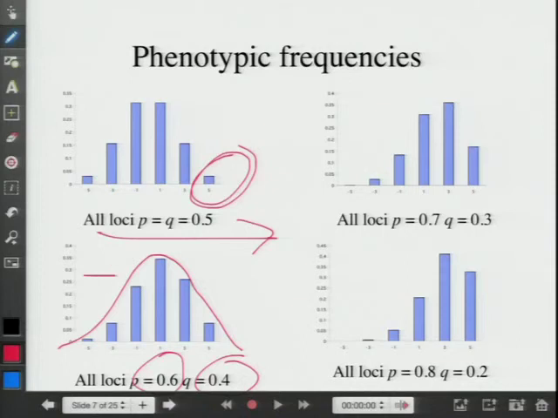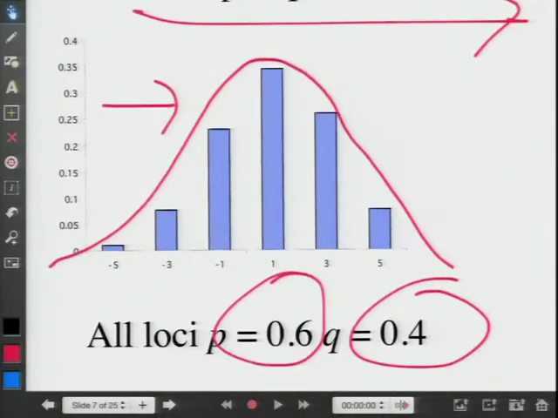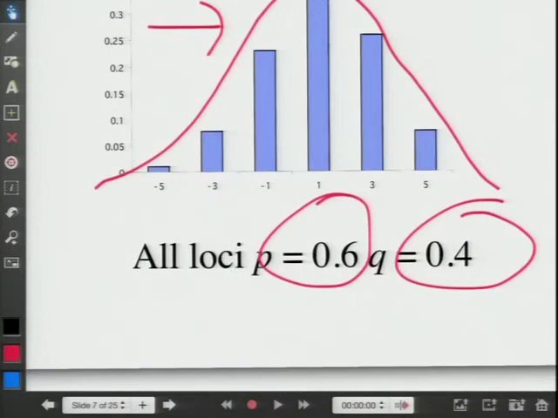It doesn't look dramatically different, but just so everyone knows what's going on, this one used to be at a frequency of 3.1%, because it was 0.5 to the 5th. Well, now it's 0.4 to the 5th, which is 0.4 times 0.4 and so on. It's less common than it was before.